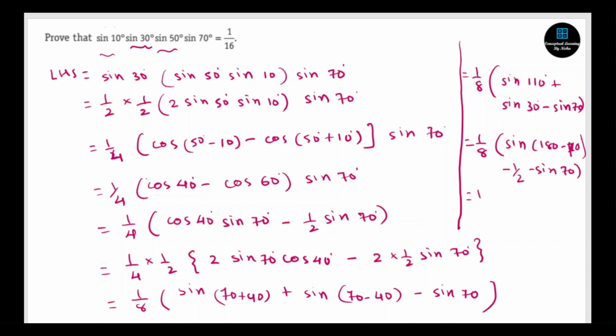So I get 1/8 times sine 70 plus 1/2 minus sine 70, which is nothing but 1/16, which is RHS, right? So we proved it. Alright. So be careful which identity you have to apply and how to solve that. Here I applied the pi minus theta value, right?